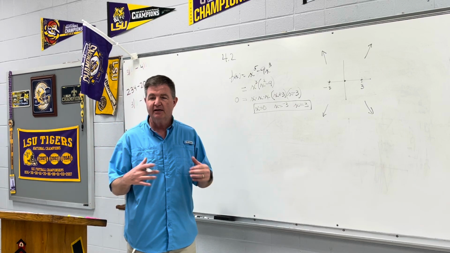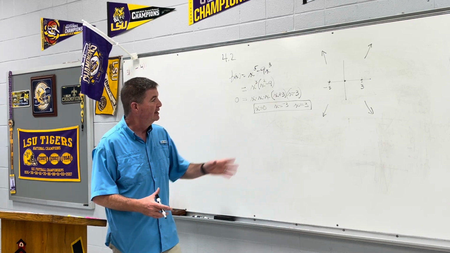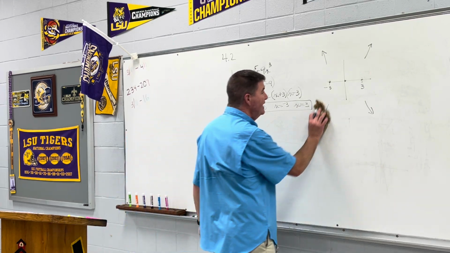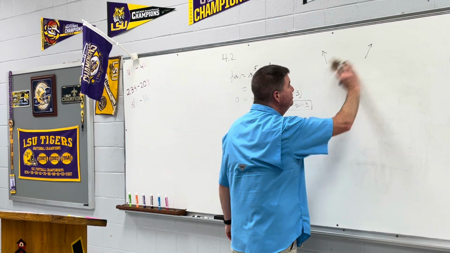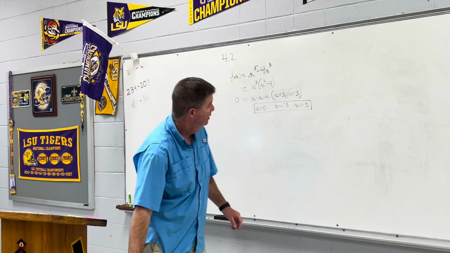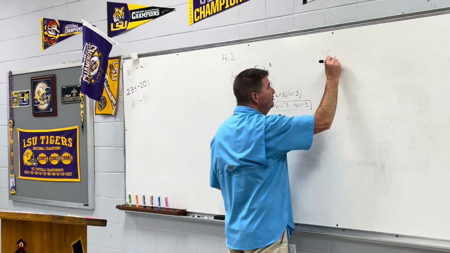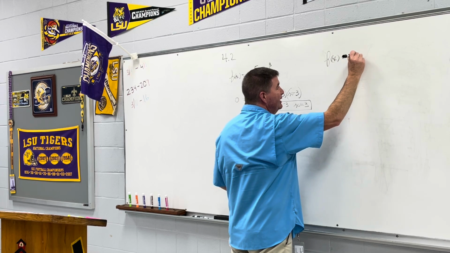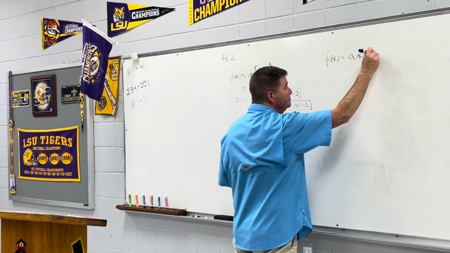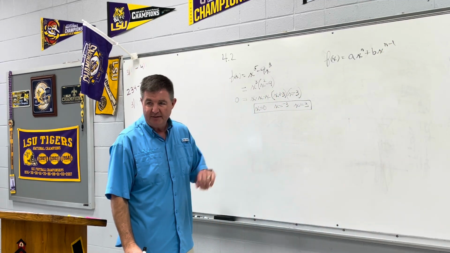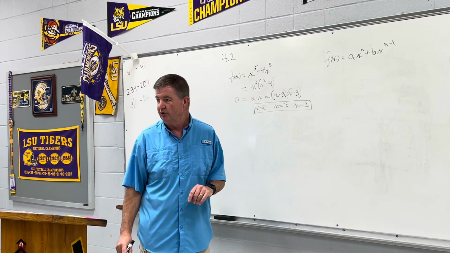So we have something that's going to tell us what the end behavior is going to be. The end behavior is going to come from the first term of the function. F of x is equal to ax to the n plus bx to the n minus 1, and so on. That's what we said when we talked about a polynomial function.